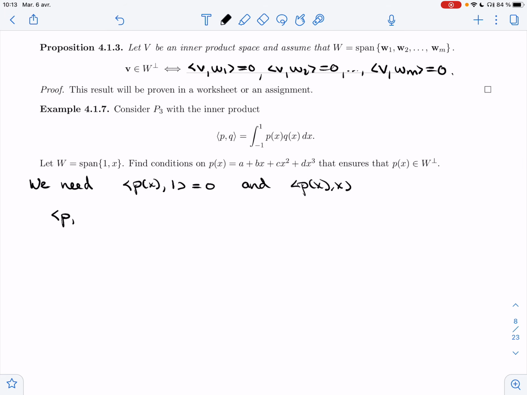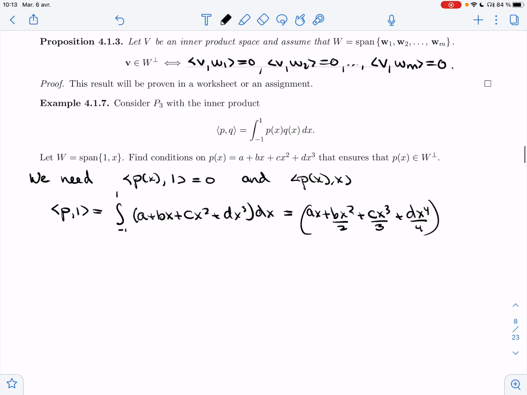So p and 1, that's the integral from minus 1 to 1 of a plus bx plus cx squared plus dx cubed dx. And so you would get ax plus bx squared on 2 plus cx cubed on 3 plus dx to the 4 on 4, from minus 1 to 1.